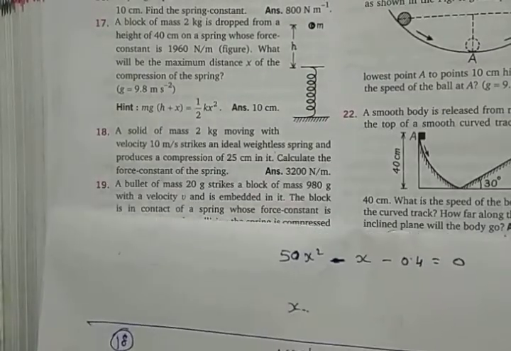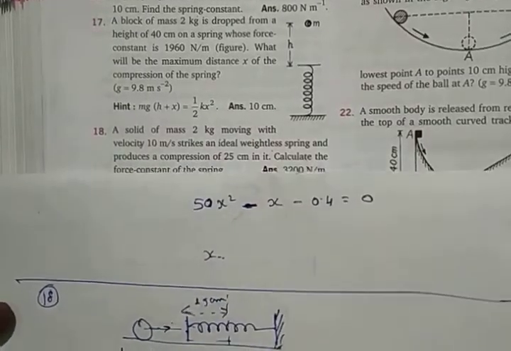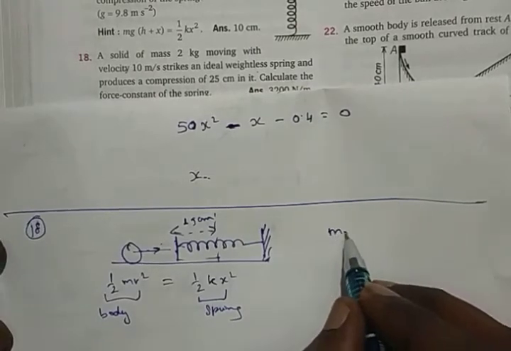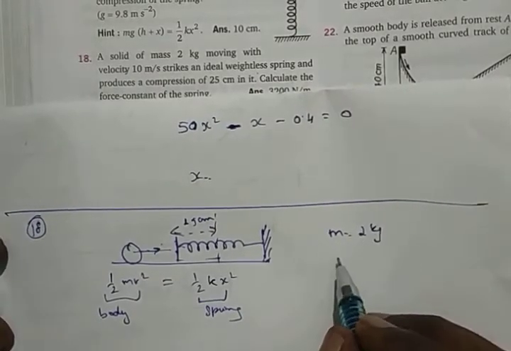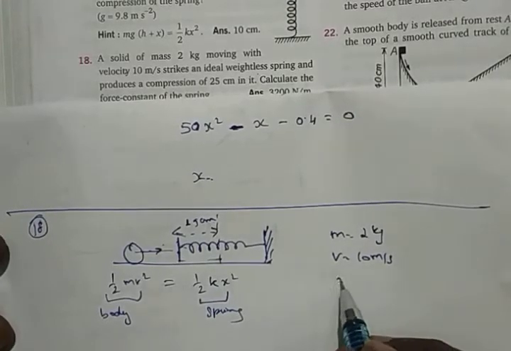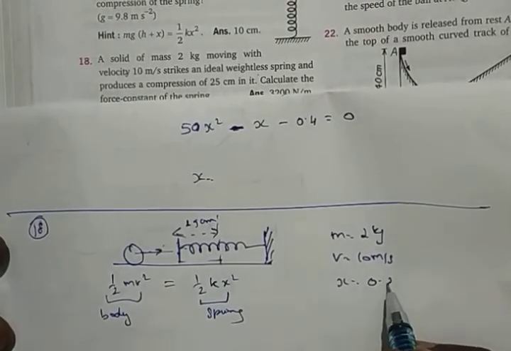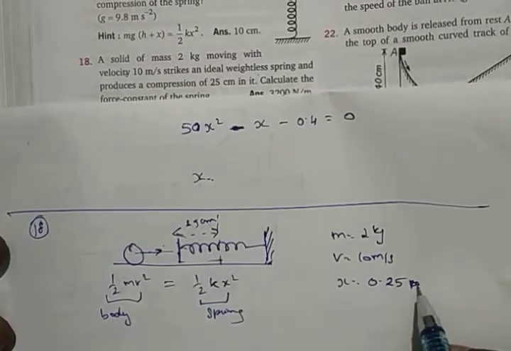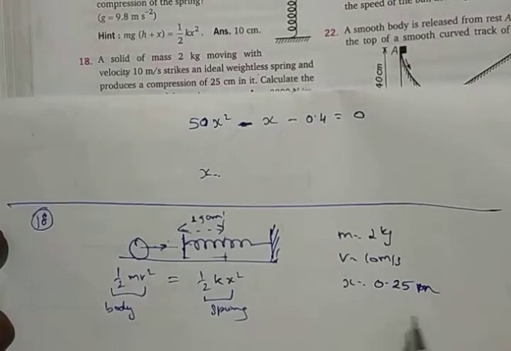Right. So we need to find out things. What are the parameters which are given here? Look at the parameters. So m is going to be equal to 2 kgs and then velocity is going to be equal to 10 meter per second and x is going to be equal to 0.25 meters. So all things are given here.